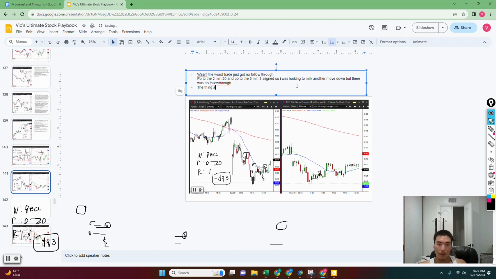The thing about this is I did see the pullback color change trigger in the prior move, but I didn't take it.